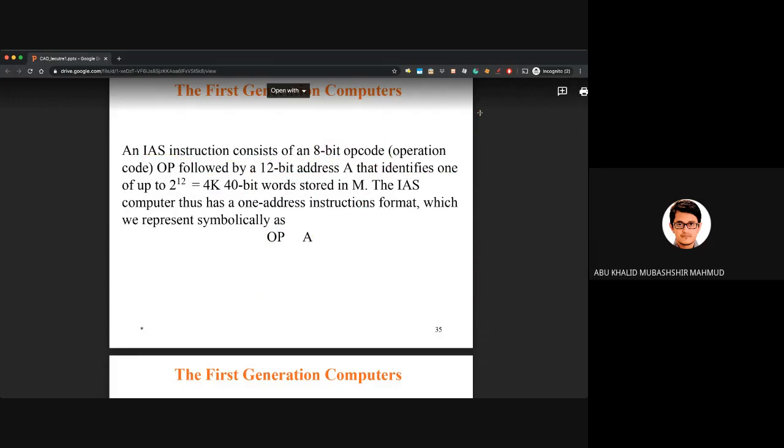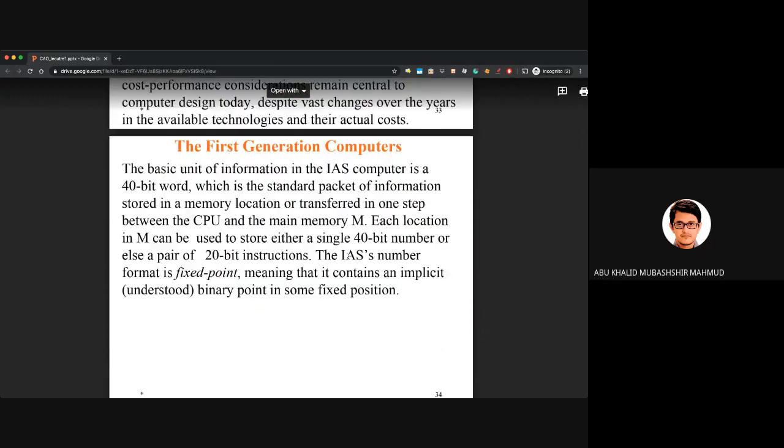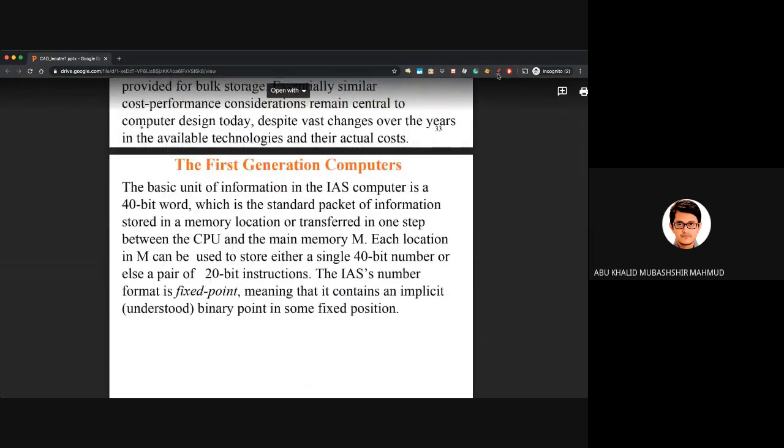Previously, we have known we can use M, which stores a 40-bit number or a pair of 20-bit instructions.